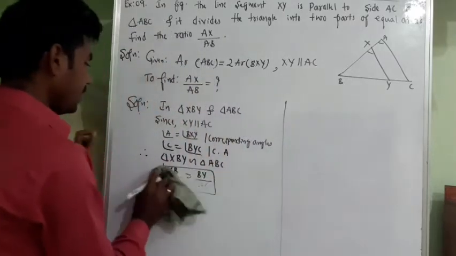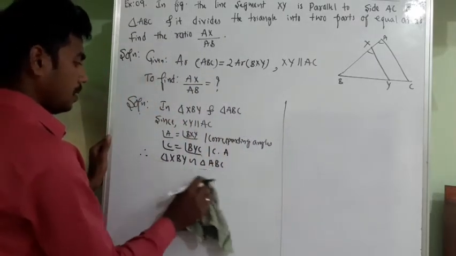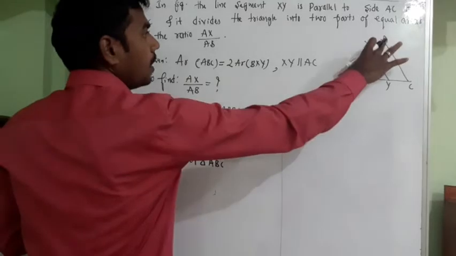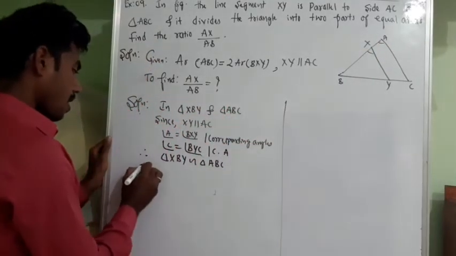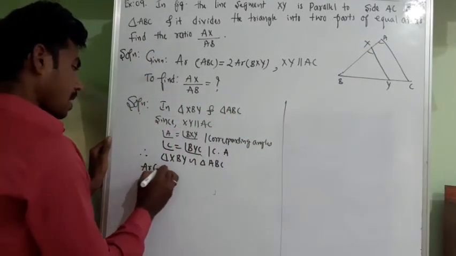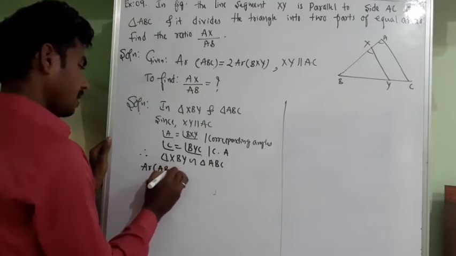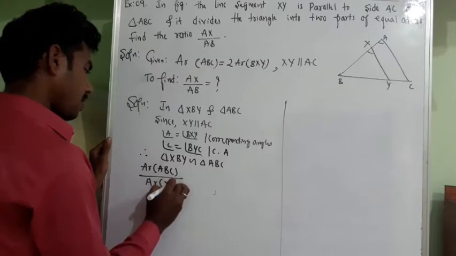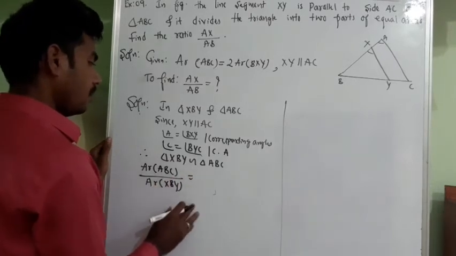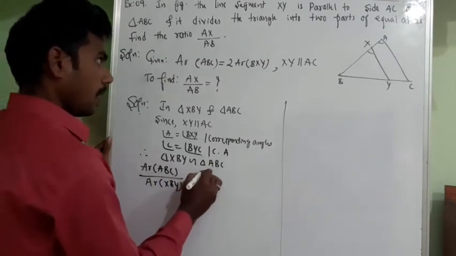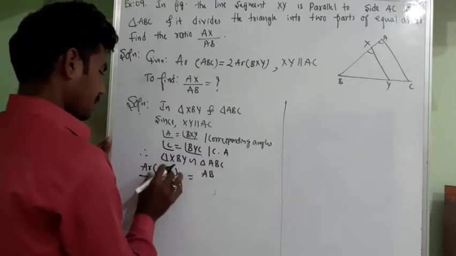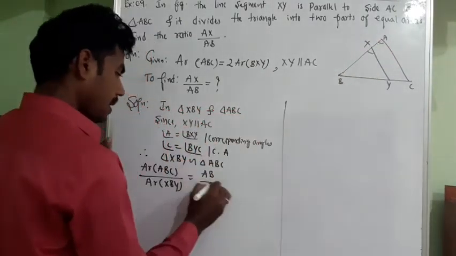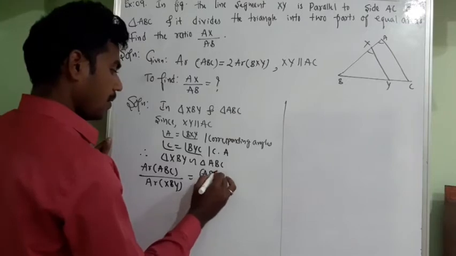What we need is only this ratio. So area of triangle ABC divided by area of triangle XBY is equal to AB square divided by XB square.